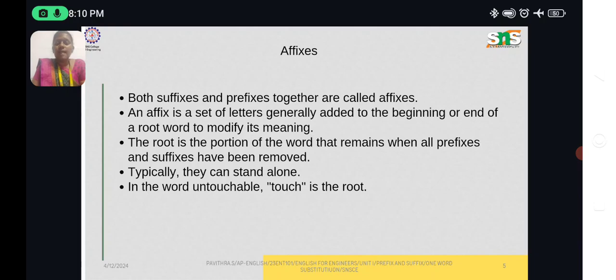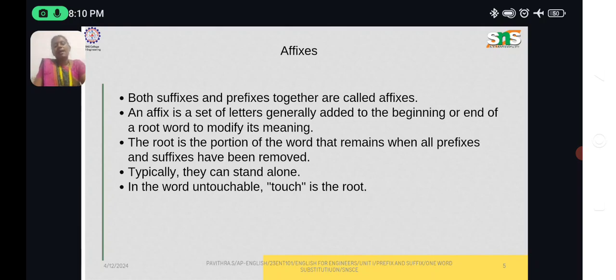In the word untouchable, touch is the root. In this word we have both prefix and suffix. For example, in untouchable, un is a prefix, able is a suffix, and in between the word touch is the root word.